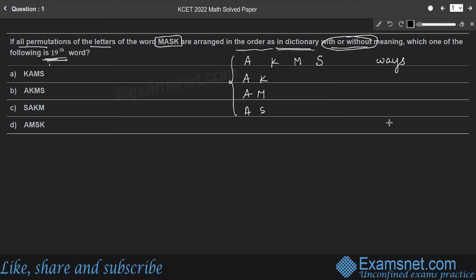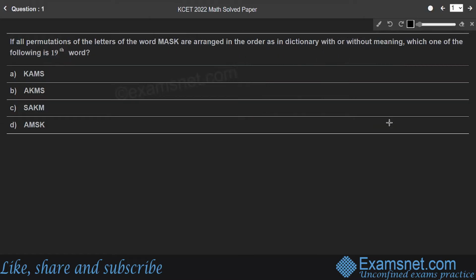So starting with A, how many words can be formed? Here we have A, K, M, S, 4 letters. Using A as the first letter, the remaining letters are 3.